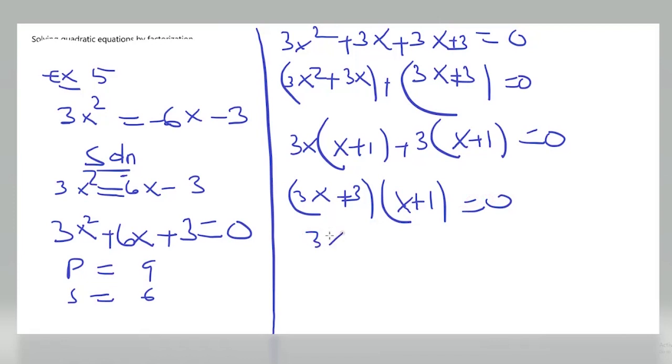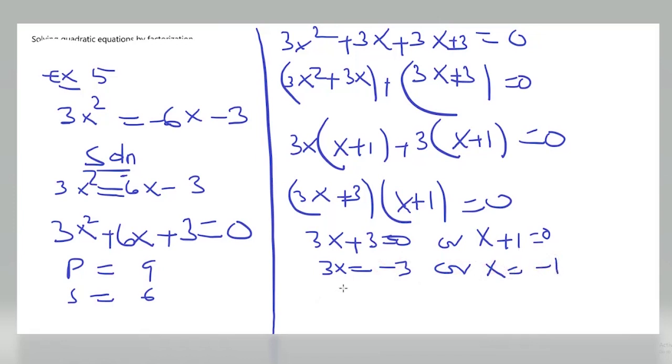Therefore 3x plus 3 is equal to 0, or x plus 1 is equal to 0. Then 3x is equal to 0 minus 3, which is negative 3, or x is equal to 0 minus 1, which is negative 1. Now I'll divide both sides by 3.